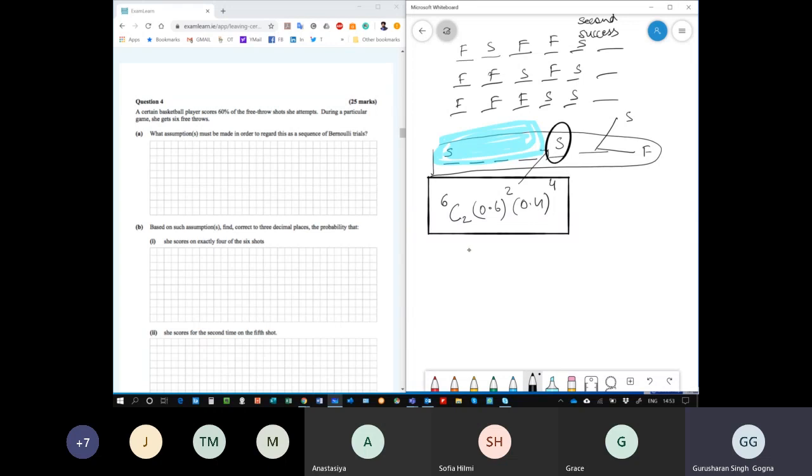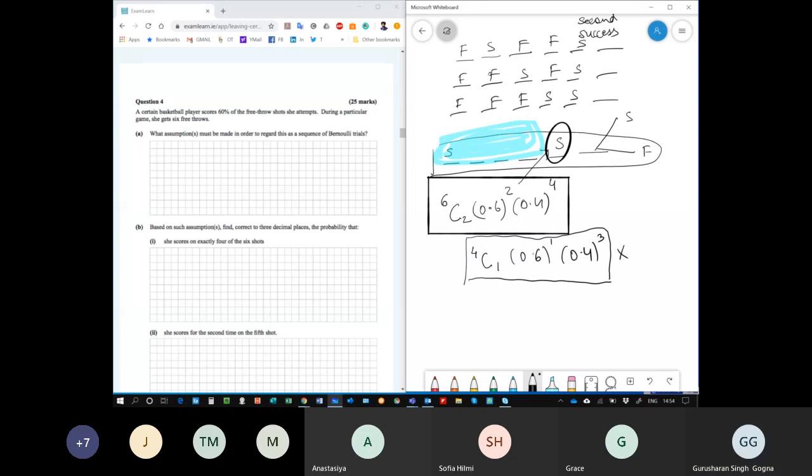So instead of using this, you should say 4C1 times 0.6 to the power 1 and 0.4 to the power 3. That is giving you the probability of one success out of the first 4 attempts, isn't it?